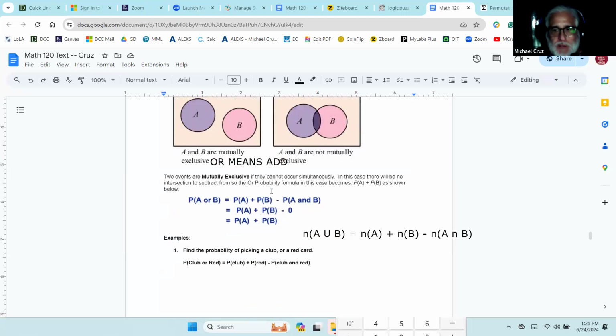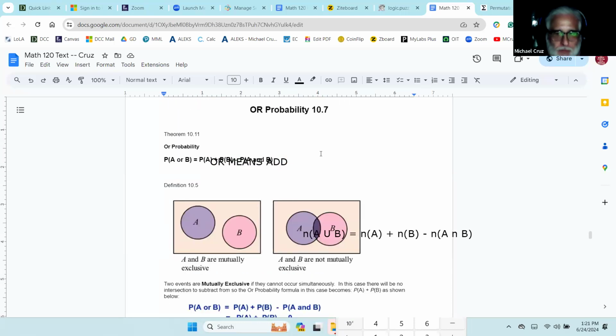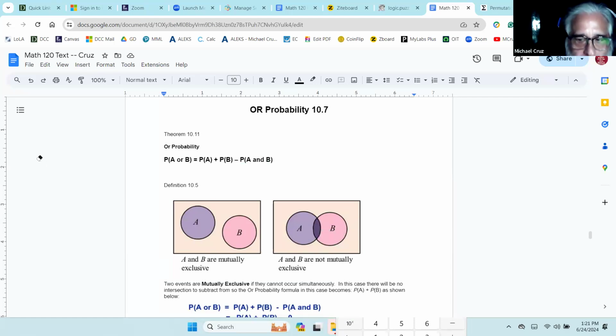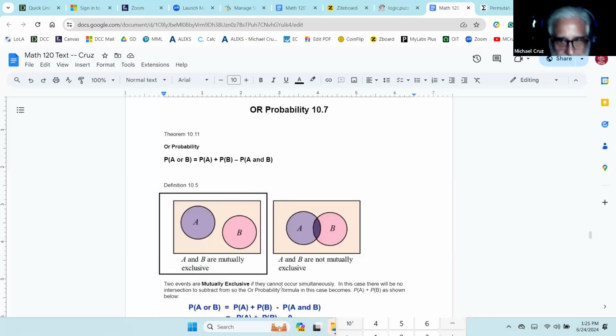Now remember, there's two different types of probability when we're talking about the unions and ors, right? We have mutually exclusive, which was like this one here. Mutually exclusive. Notice that there's no touching. They do not overlap.